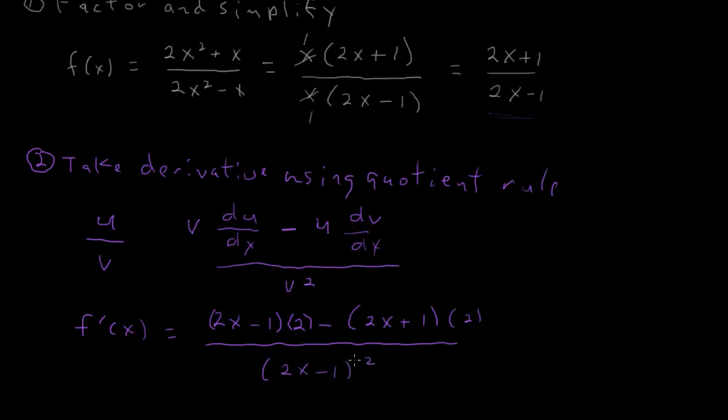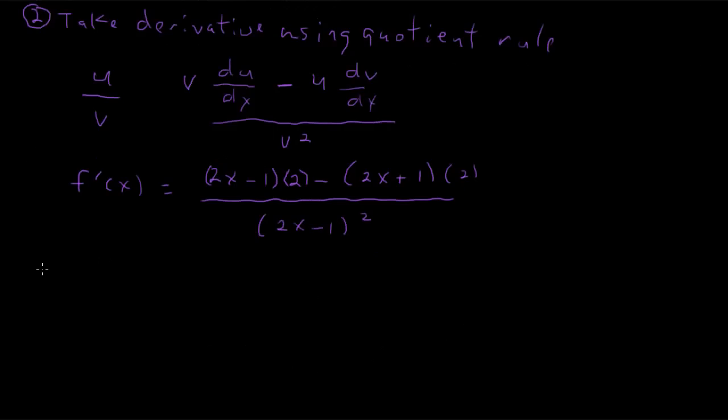Okay, now for step 3, we simplify. And so we have 2x minus 1 times 2. If we distribute the 2 in there, we get 4x minus 2. And then we have minus, and then we have 2x plus 1 times 2.